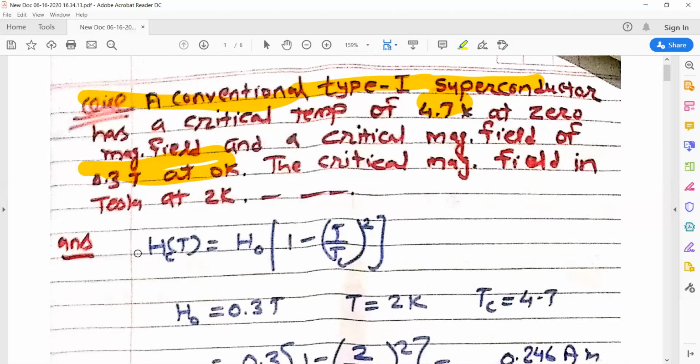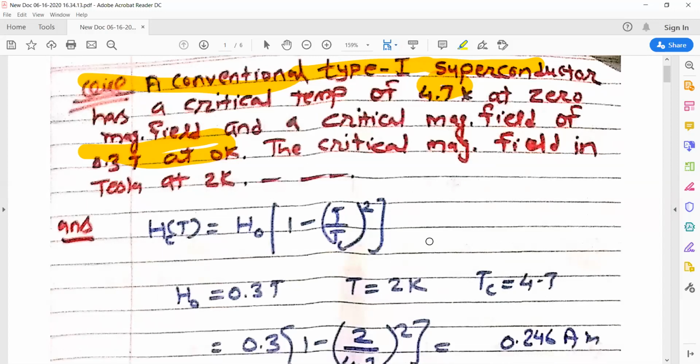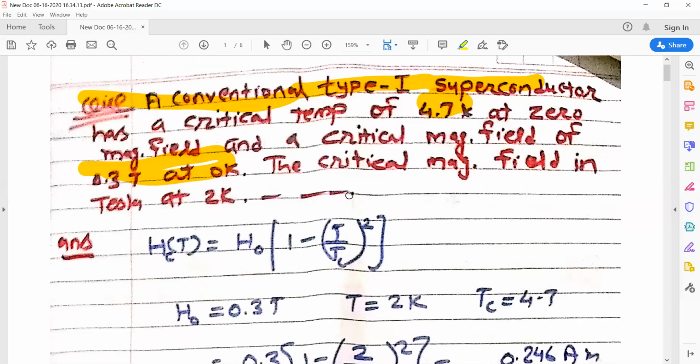So here we can see in the first case this is Hc(0), because Hc(0) means at 0 Kelvin this is the 0.3 Tesla, and the critical magnetic field is required here, and now 4.7 Kelvin, the temperature, is given. So we need to find Hc(T).